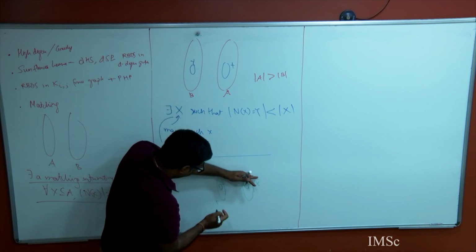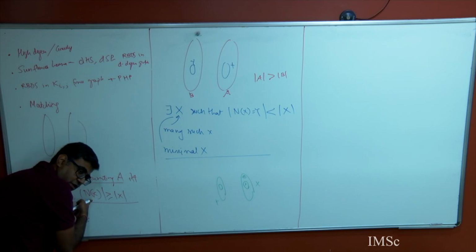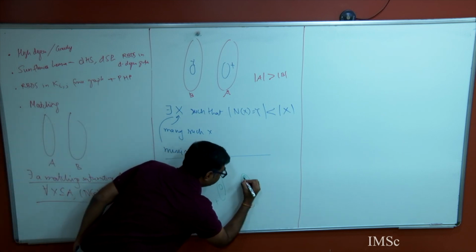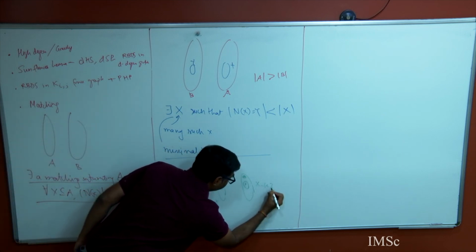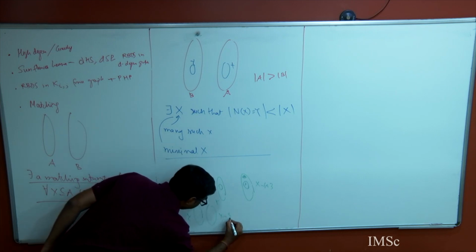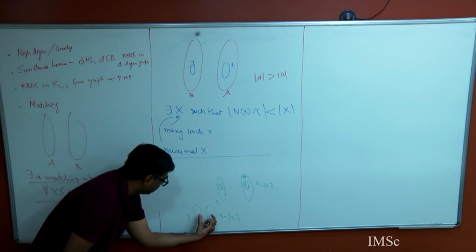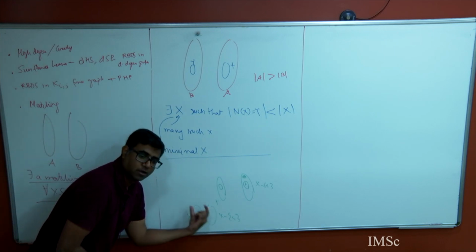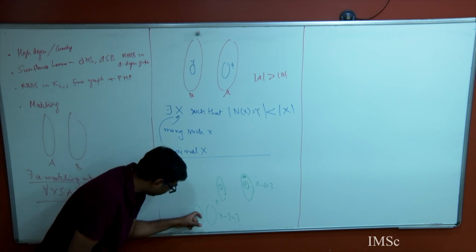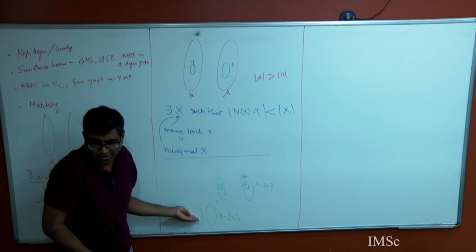So if I forget this vertex, there is a matching that saturates Y, because I am applying Hall's condition on X minus A, on the bipartite graph between Y and X minus A. If X was a minimal set, it means Hall's condition is satisfied here. What does it mean? There is a matching that will saturate X minus A and Y.